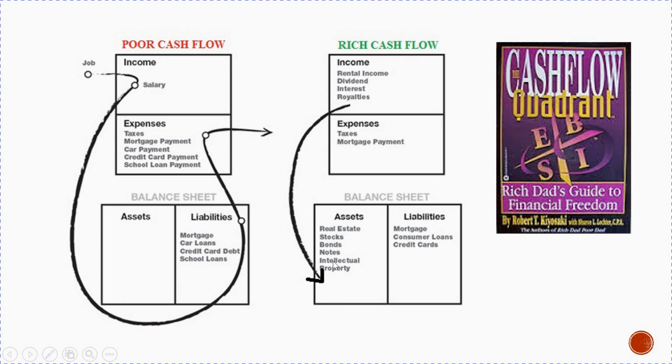Notes, loans to others, intellectual property, other assets that you can create, whether it's music or art, brings you royalty income. So you own the rights, the film rights, the musical rights, whatever the rights are. Intellectual property brings you royalty income. You can license it, get license income.